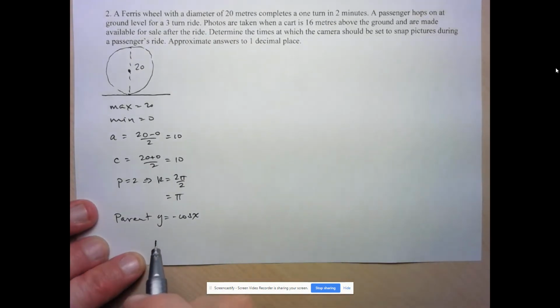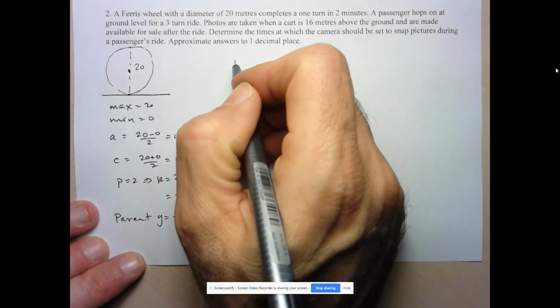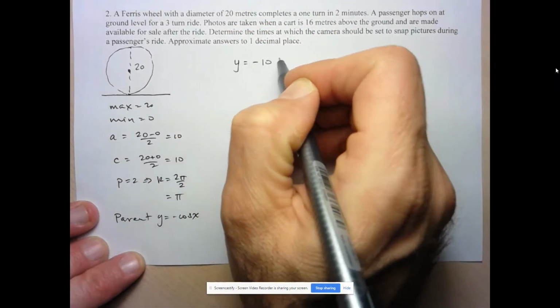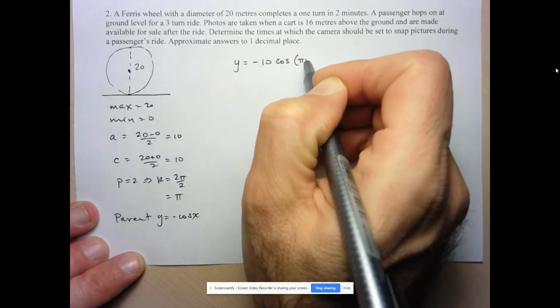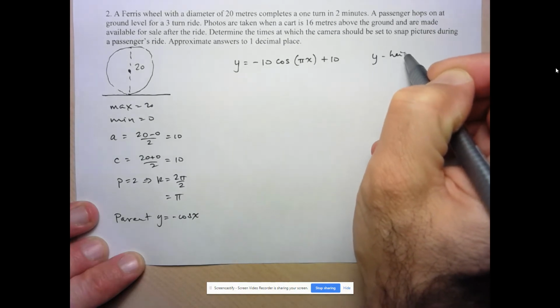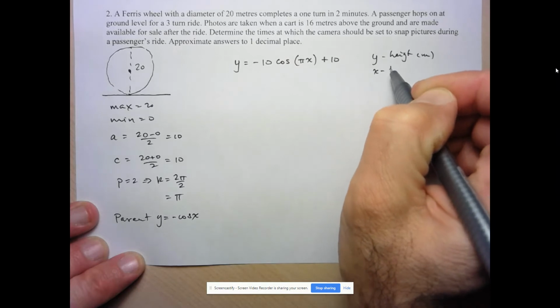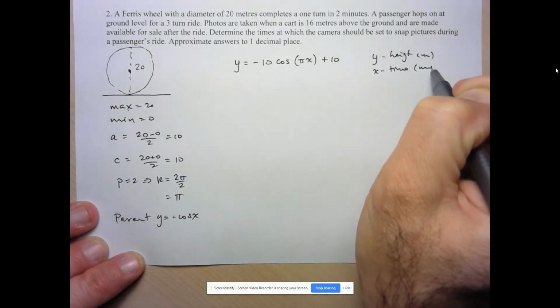All right, so using all this information, we could come up with our model. Here y will just be equal to negative 10 cosine of pi x, plus 10, where y is the height in meters, and x will just be the time in minutes.